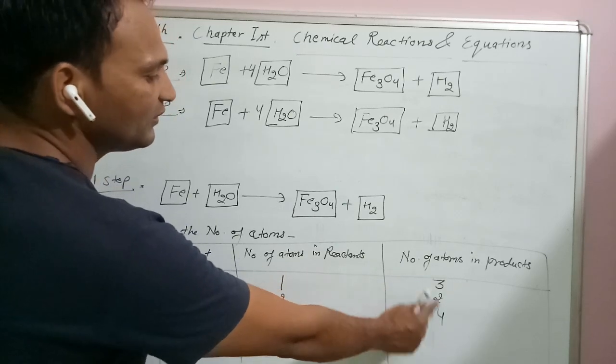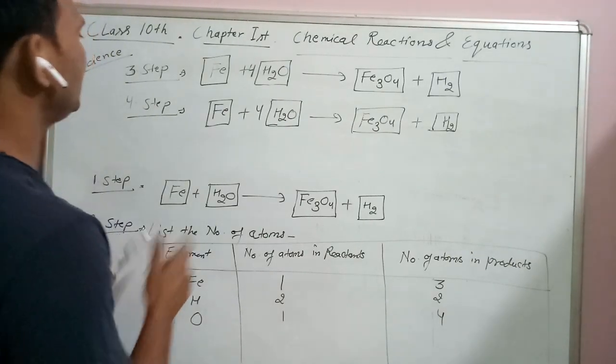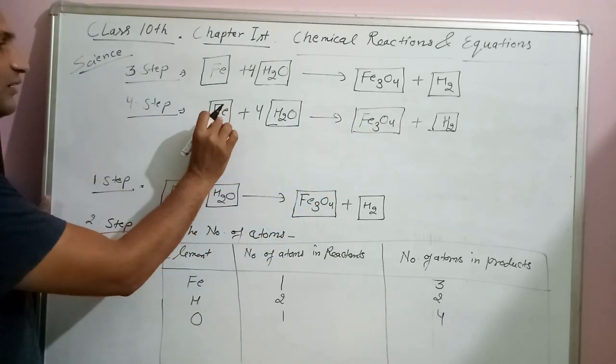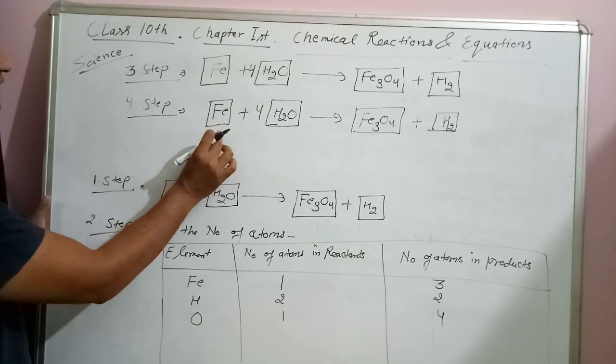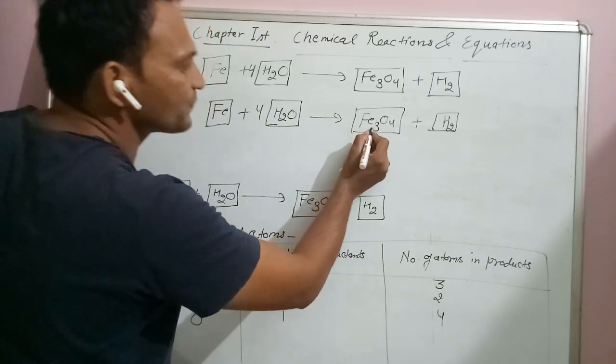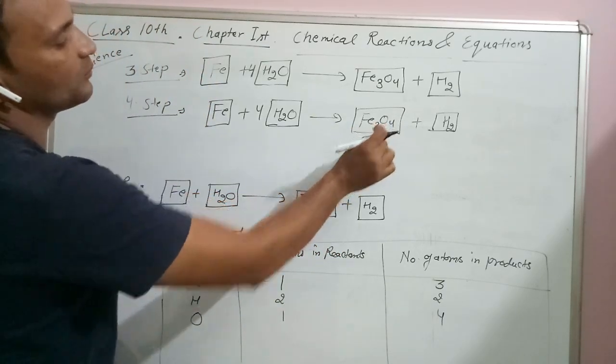There are 3 atoms of iron present in the products. Now balance the iron. Here only a single atom of iron is present in the reactant, but there are 3 atoms of Fe in the product side.